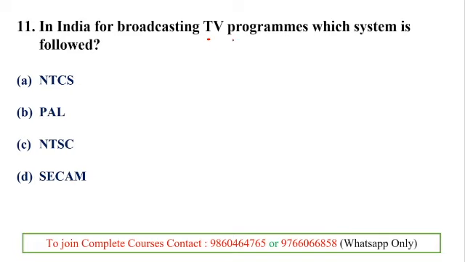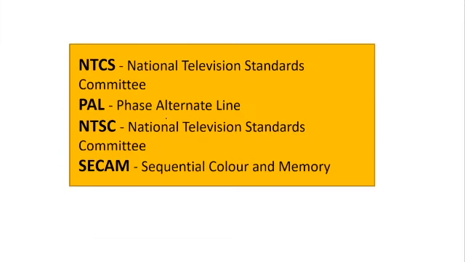You can know Prasar Bharati, and channels like Swayam Prabha are broadcast. So like that, the TV programs in India are broadcast by which of the following? And that is PAL. PAL, clear. The full form of PAL is Phase Alternate Line.